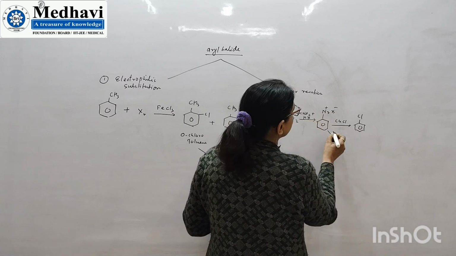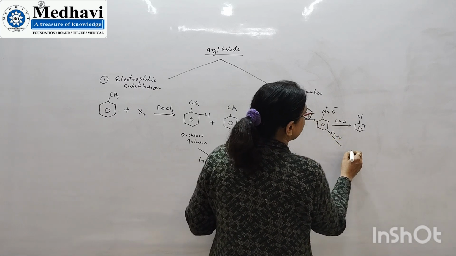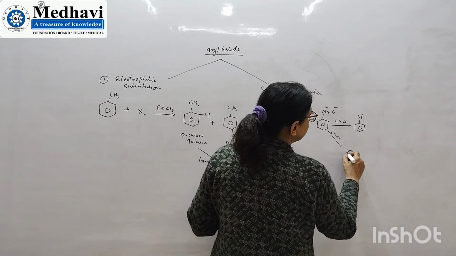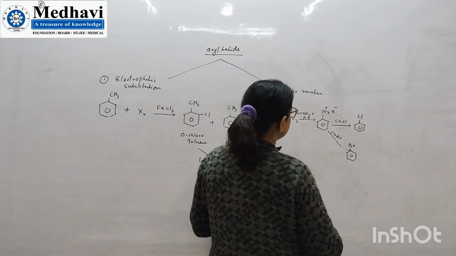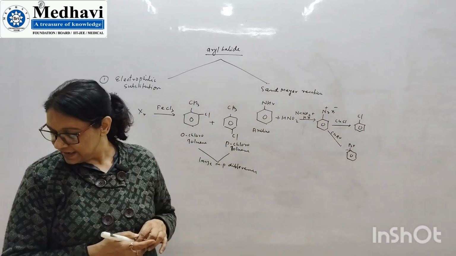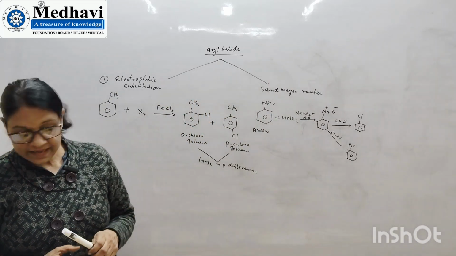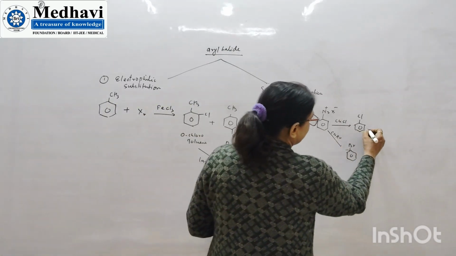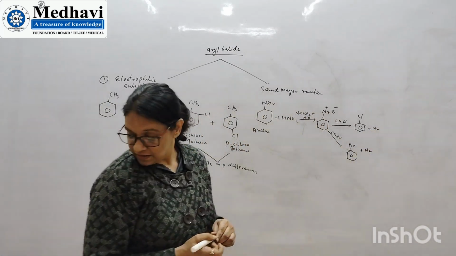If CuBr is taken, then bromobenzene. Very, very important reaction. This is the Sandmeyer reaction. So using this reaction, we can prepare aryl halides from aromatic amine. Here nitrogen is also an end product. This is the important reaction.